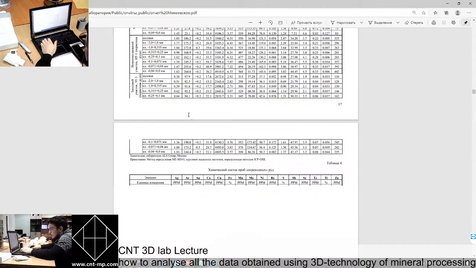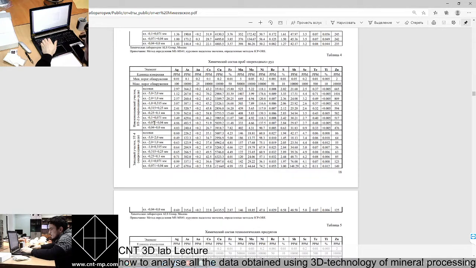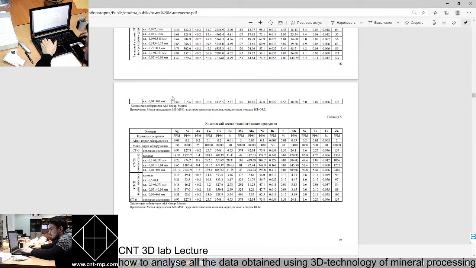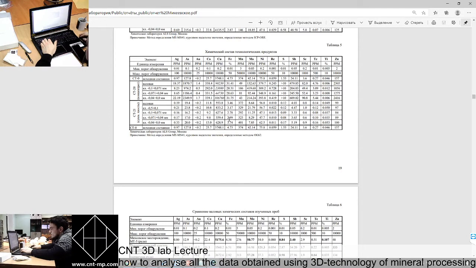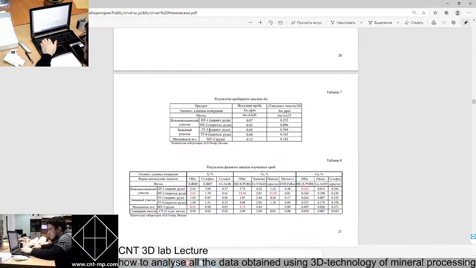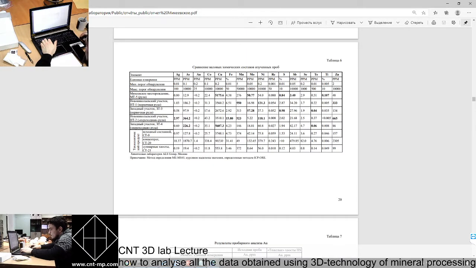So there are 3 primary rocks, 2 oxidized rocks and 2 concentrates. This is a comparison of chemical composition of different types of samples.